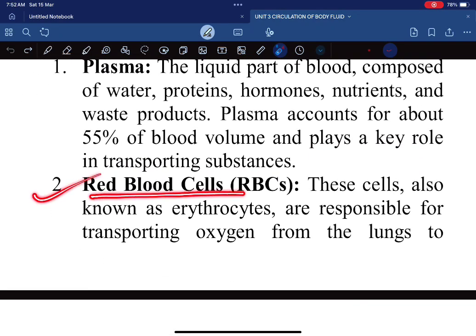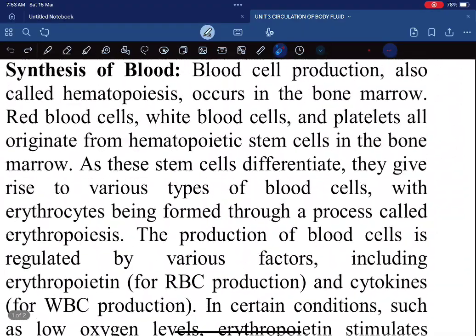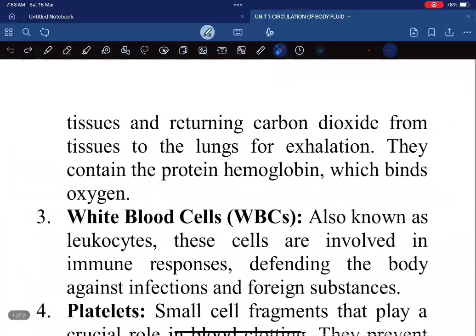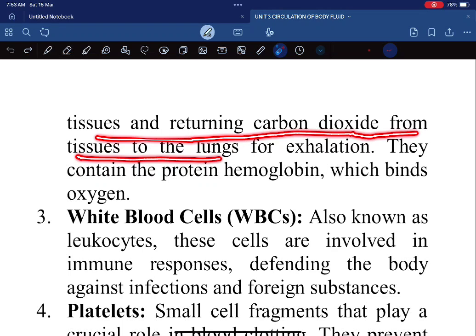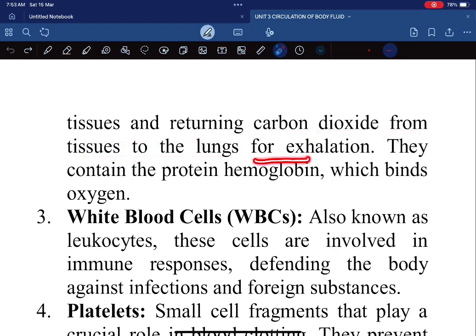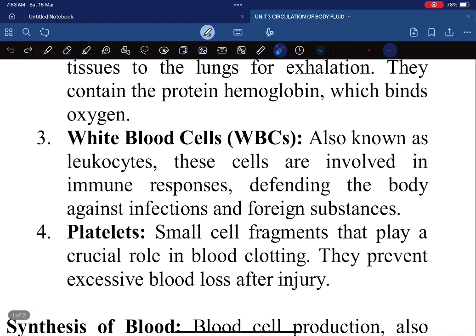Second, red blood cells. These cells, also known as erythrocytes, are responsible for transporting oxygen from the lungs to tissue and returning carbon dioxide from tissue to the lungs for exhalation. They contain the protein hemoglobin, which binds oxygen.